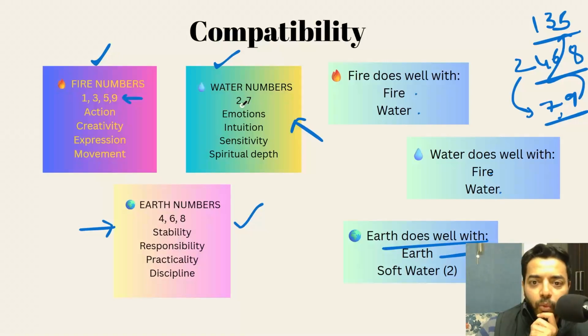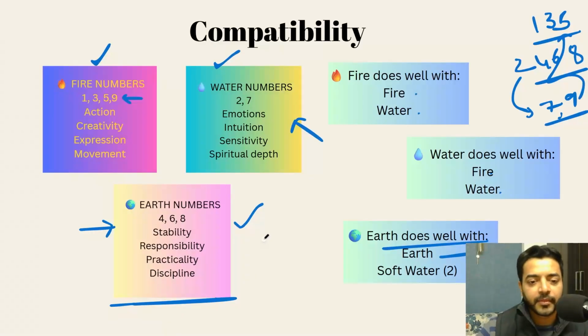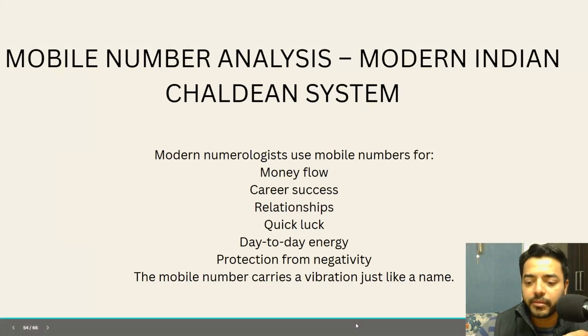Okay, water, that is 2 and 7, is compatible with 2 and 7 and 1, 3, 5 and 9. Earth is only compatible with Earth. That is 468 is compatible only with 468. Now, using this logic, let's go back into the analysis.